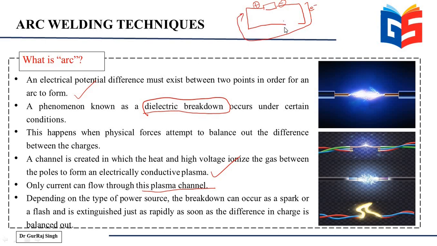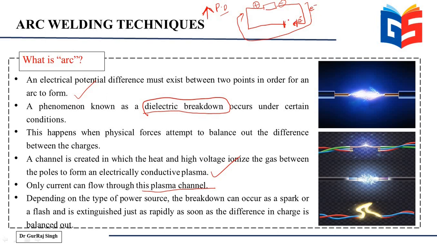Now if there's a small obstruction to the flow of electrons here, what will happen? The electrons will not be able to go further beyond this point, because air is basically an insulator. It's not a medium through which electrons can easily move. But if the potential difference of this power source is sufficiently high, it can empower these electrons to break through this air gap.